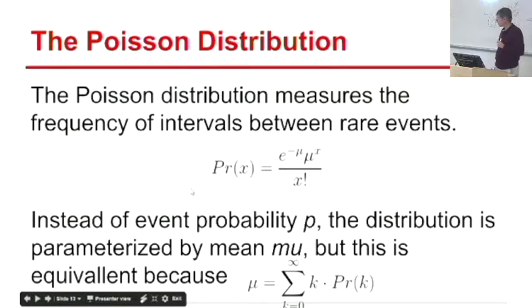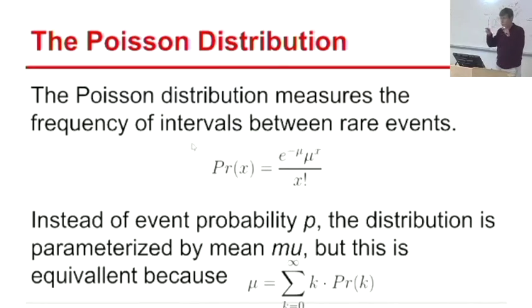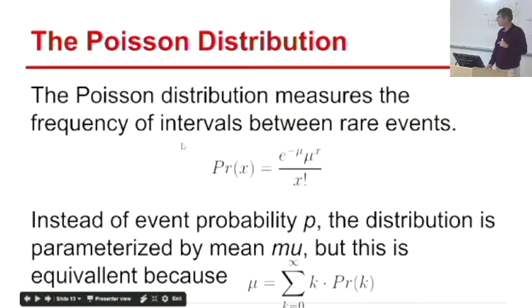When the process you're modeling is the gap between events, a Poisson distribution tends to be the right distribution for that. Any questions about that?